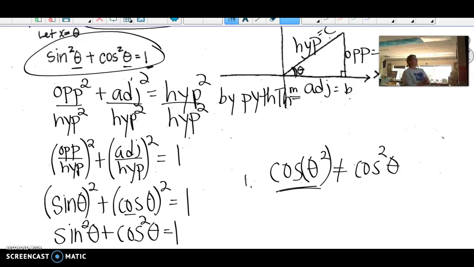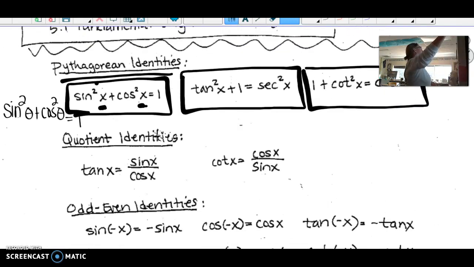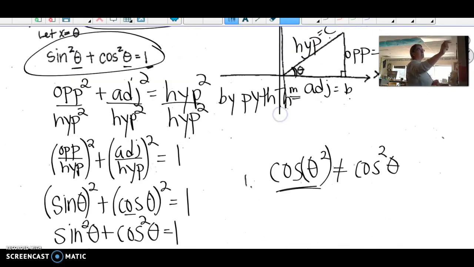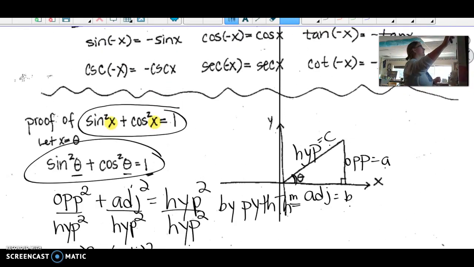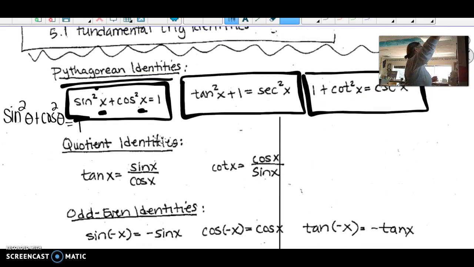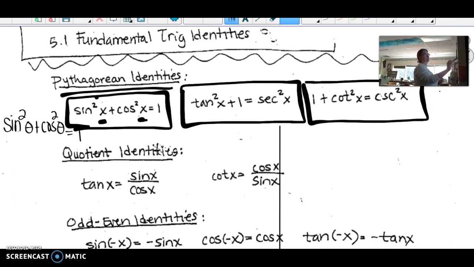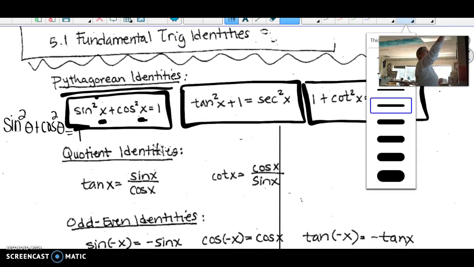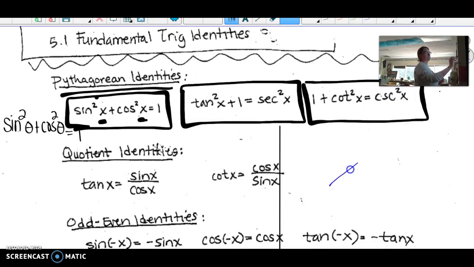Very similar types of proofs can be done for these other Pythagorean identities, and you should try it. What you would do to start out to prove tangent squared x plus 1 equals secant squared x, and again we can call it theta instead of x.